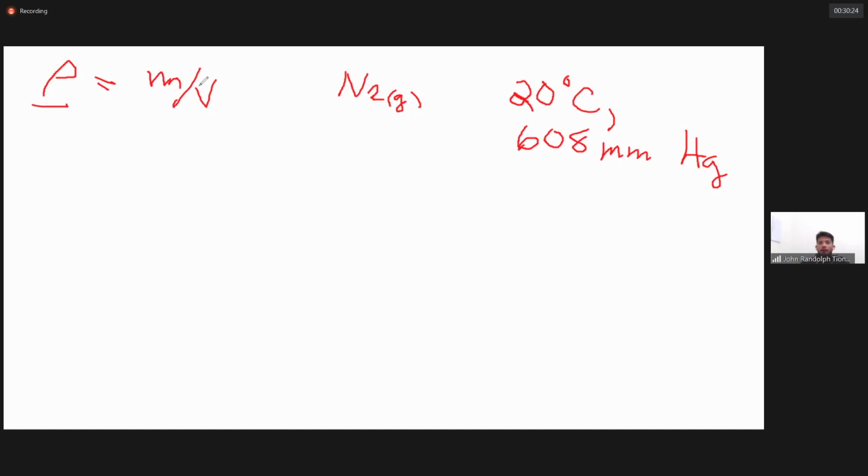Or sa mass, for example, paano ba natin i-solve yung mass? Anyone? Yep, sa volume, tama. Yung sa volume natin, pwede natin gamitin yung nRT over P. Okay, that's correct. So meron na tayo sa volume. How about mass? How are we going to solve for mass?